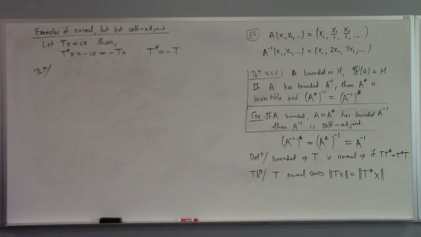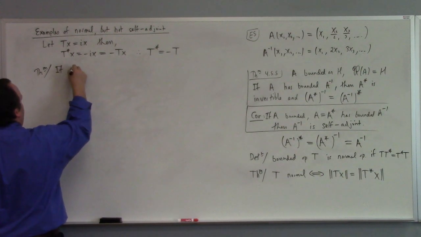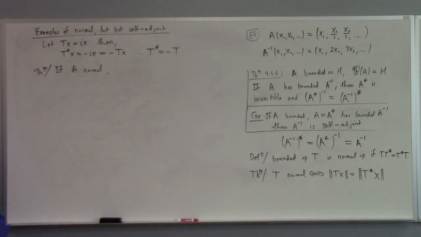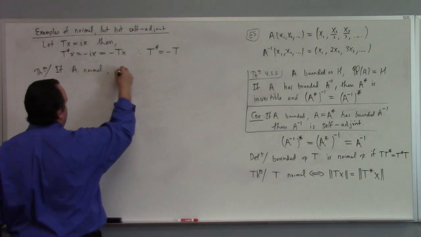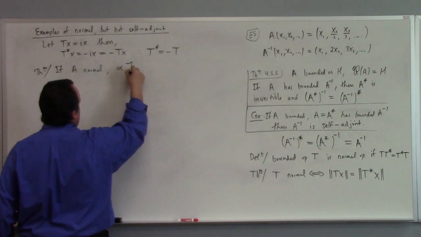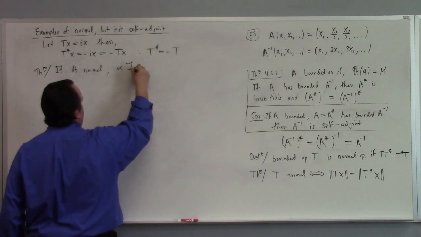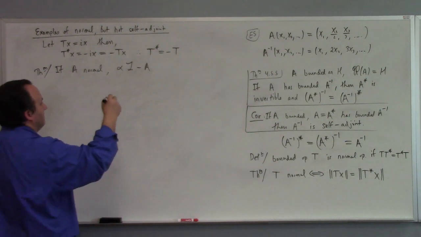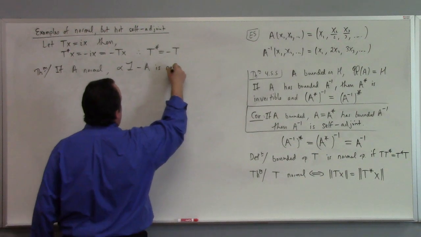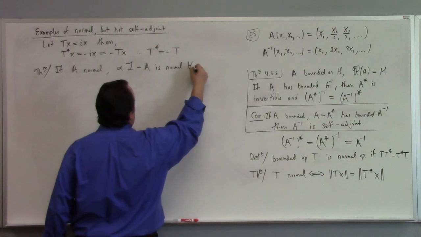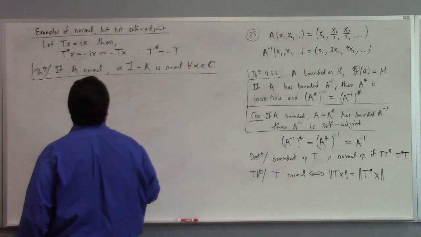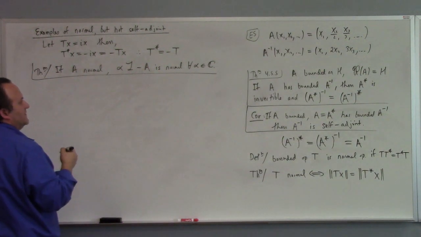So if A is normal, then a scalar multiple of the identity operator minus A, I think he says, is normal for all alpha in the complexes. Actually, that's kind of surprising. Why is that true?